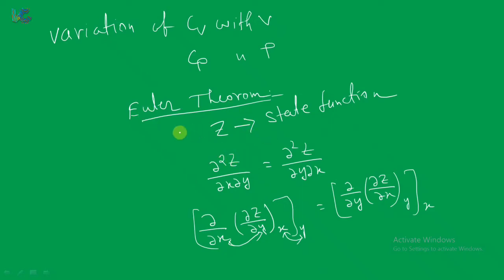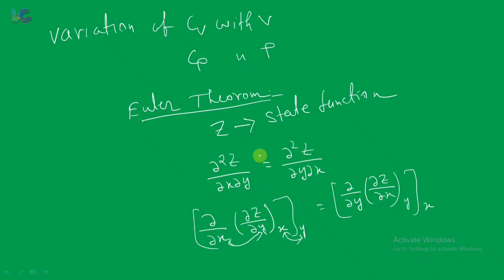So from Euler theorem, if Z is a state function, then ∂/∂x of (∂Z/∂y at constant x) at constant y is equal to ∂/∂y of (∂Z/∂x at constant y) at constant x. If you take the derivative of Z first with respect to y and then x, or first with respect to x and then y, and also interchange the constants, the value does not change.